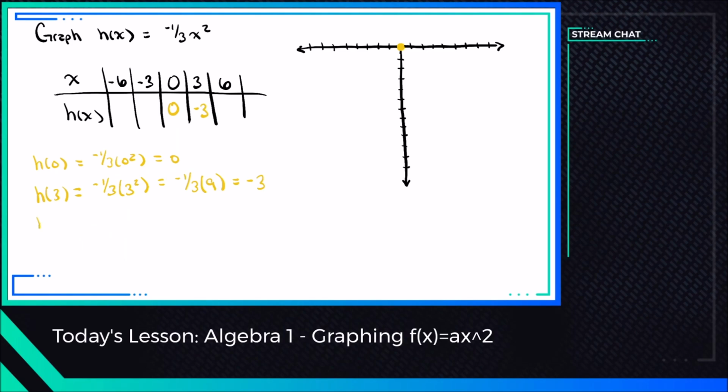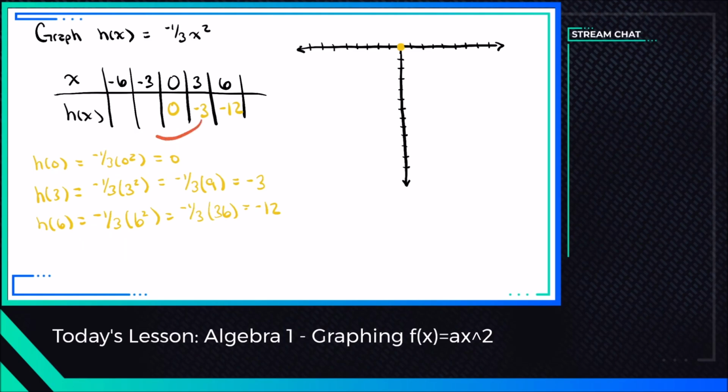Next, let's do h of 6 is equal to -1/3 times 6 squared. So that's going to be -1/3 times 36, and 1/3 of 36 is 12, so -12. Once again, these grow rather quickly.